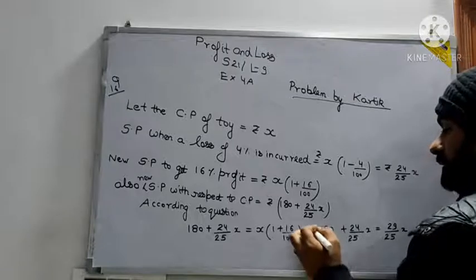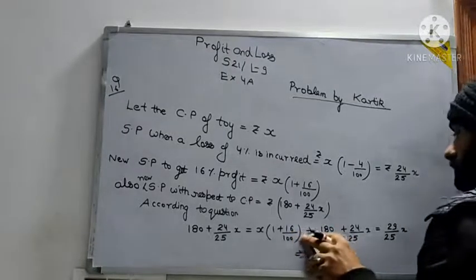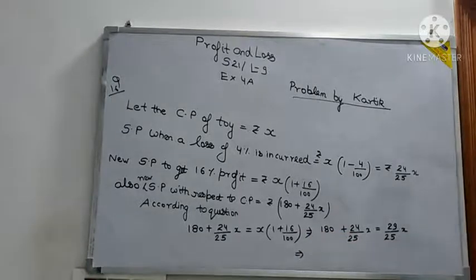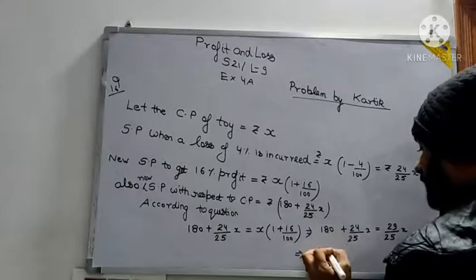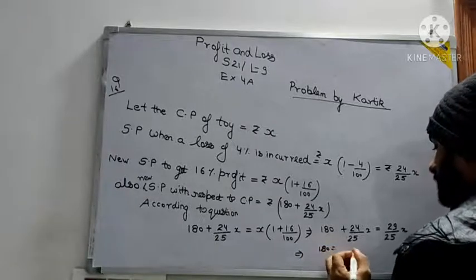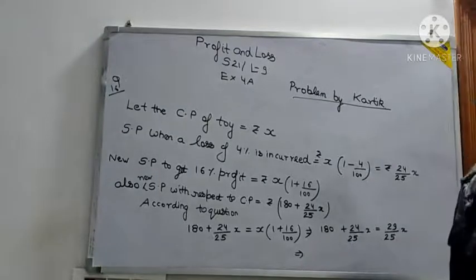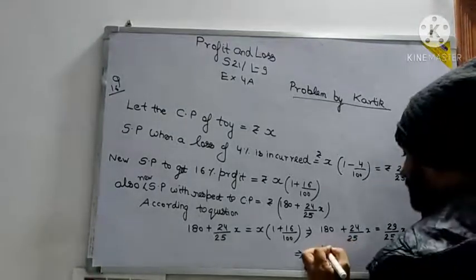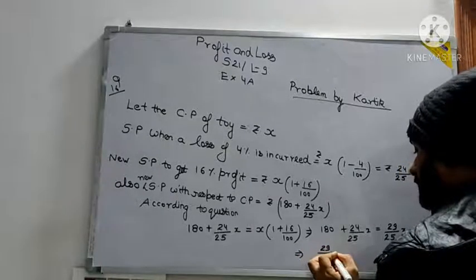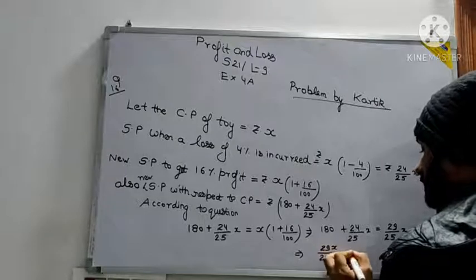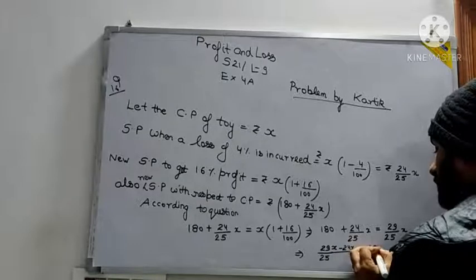This implies that, now these are like fractions, you can shift it here. So 29 by 25x minus 24 by 25x is equal to 180.